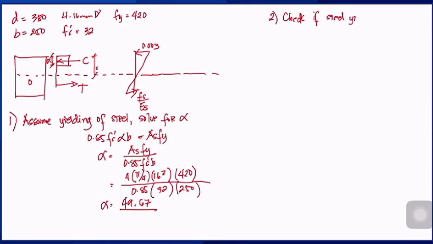So that is Fs equals 600 (D minus C) over C, where C equals alpha over beta 1. Since your beta 1, from our table earlier, so you check.